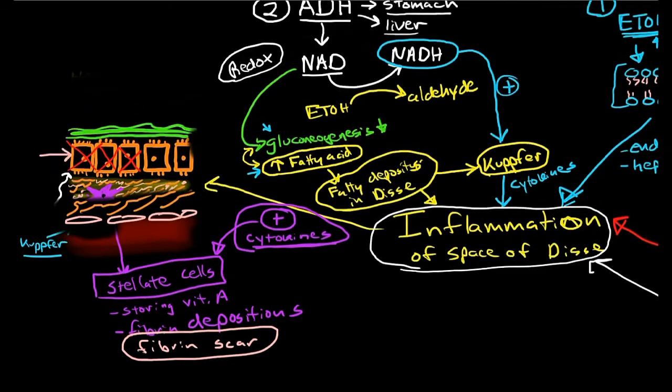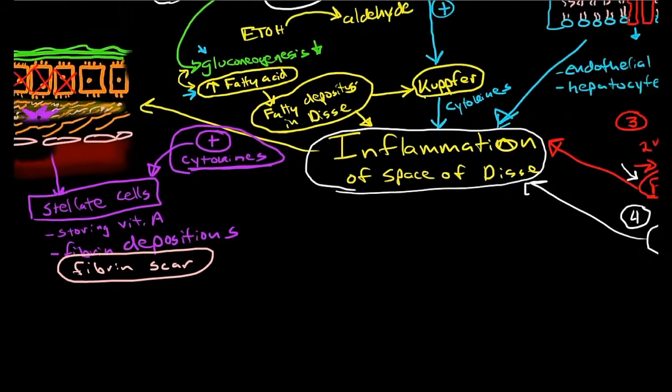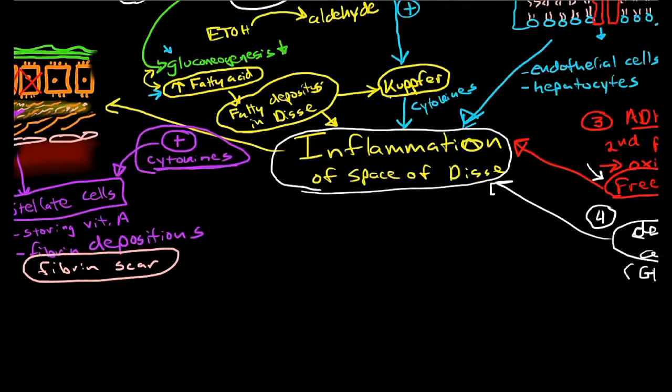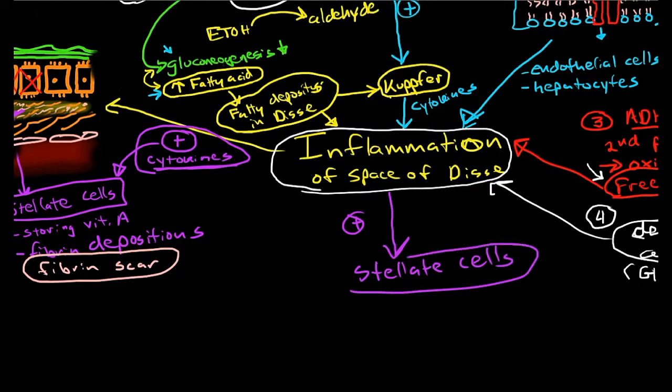Okay, so let's write this all down in our flow chart here. So we have inflammation, and the inflammation stimulates the stellate cells. And stellate cells begin to produce and deposit fibrin and collagen into the space of Disse.